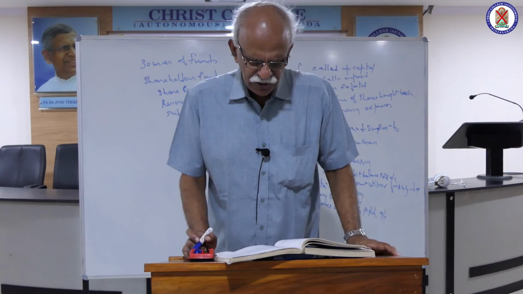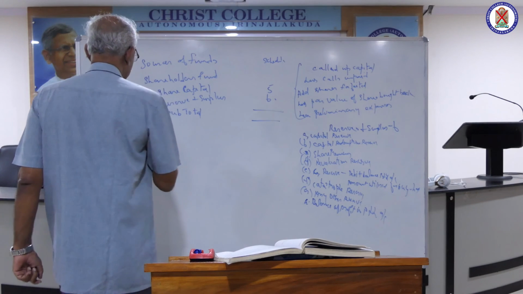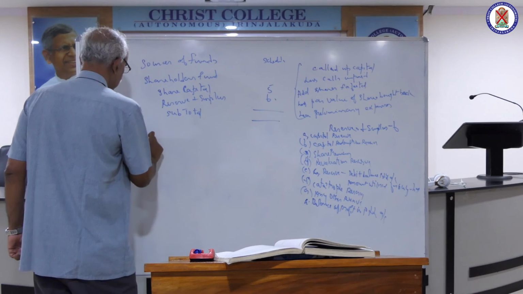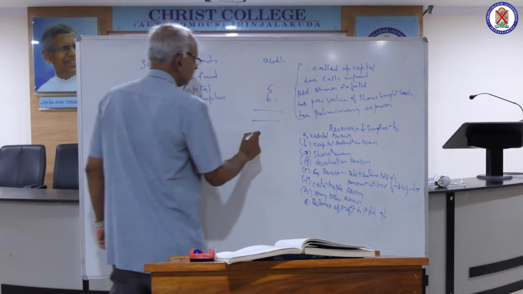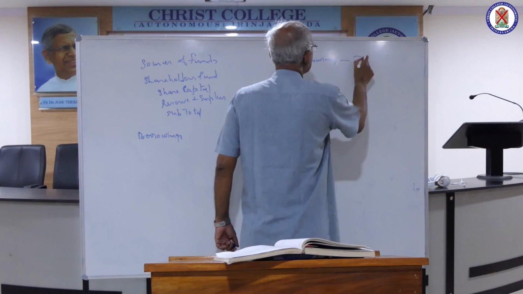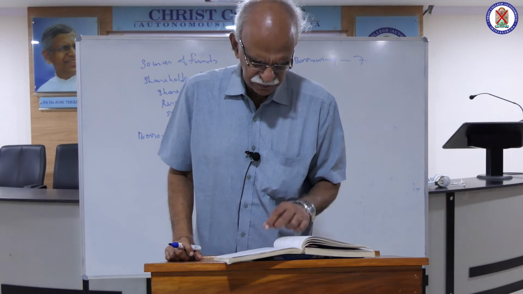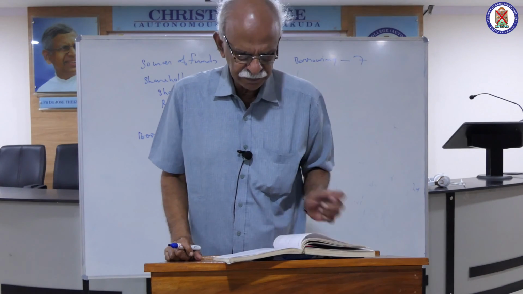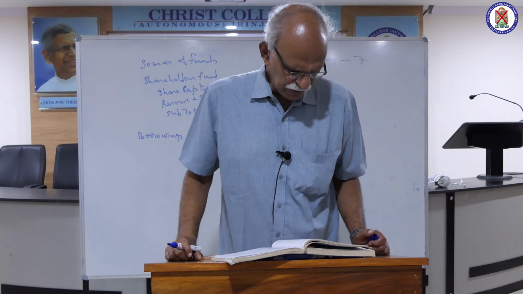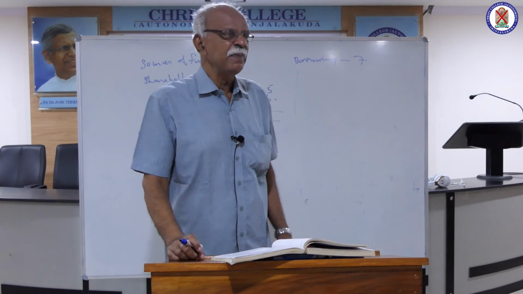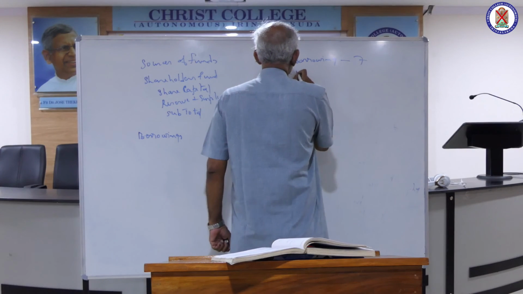Now, next item is borrowings. Schedule 7. Borrowings. Borrowings may be done on debenture or bond. Debenture or bond may be issued.